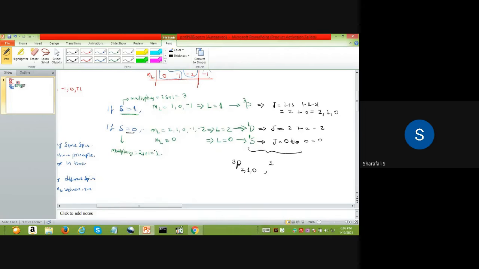You can see that the multiplicity here is 1, that's why it's called a singlet. In this case the multiplicity is 3, so it is a triplet. So this one is triplet, and these two are singlet. So I have 1D2, then 1S0. These are the spectral terms corresponding to p2.